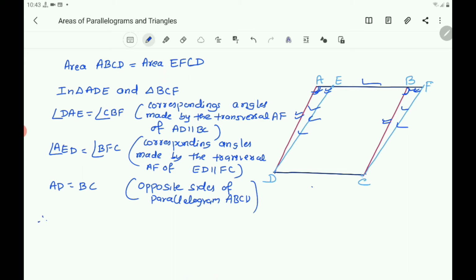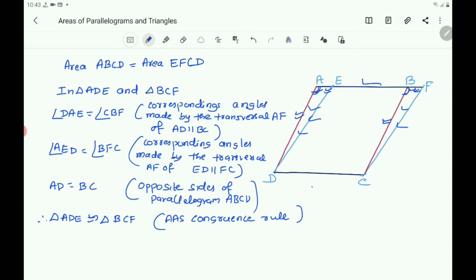Therefore, triangle ADE is congruent to triangle BCF according to which congruency rule? According to the AAS congruence rule. What is that AAS congruence rule?